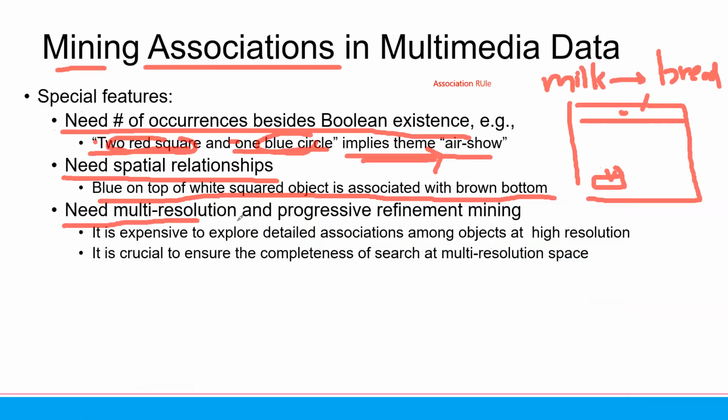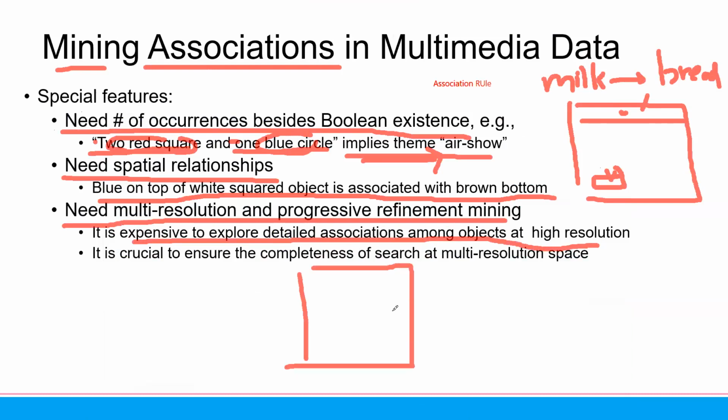And need multi-resolution and progressive refinement mining. So the multi-resolution means, yeah, it is expensive to exploit detailed association among objects at high resolution. So maybe I have the picture, so I can reduce the resolution, and then I can check what are the association in this image.